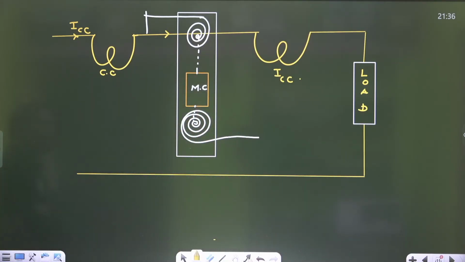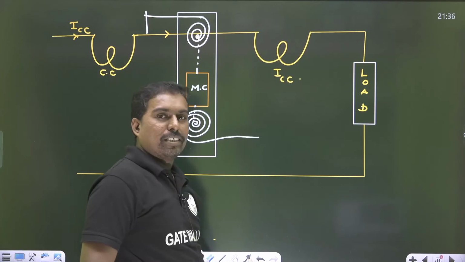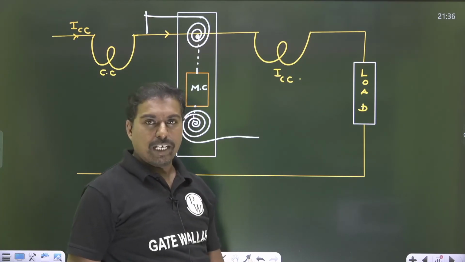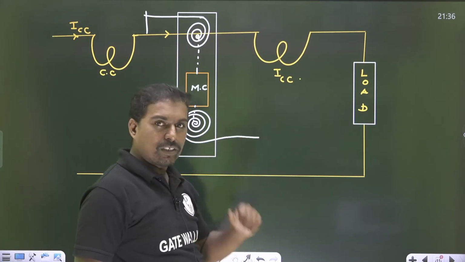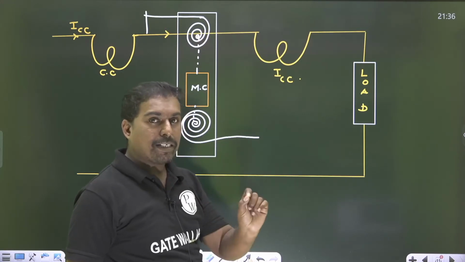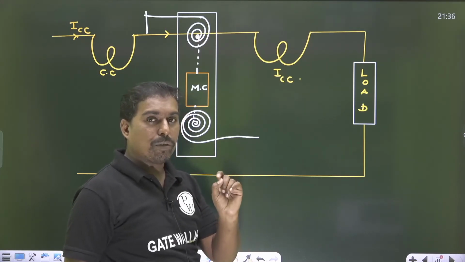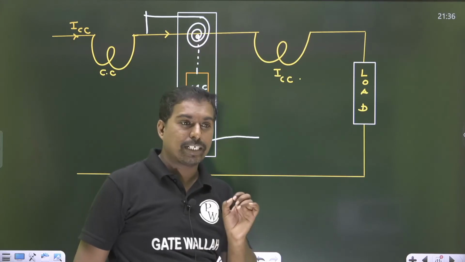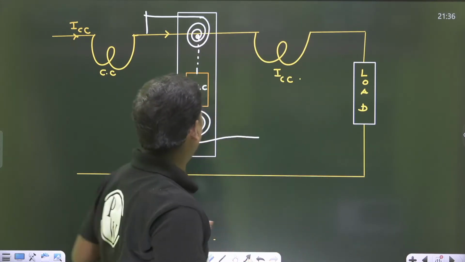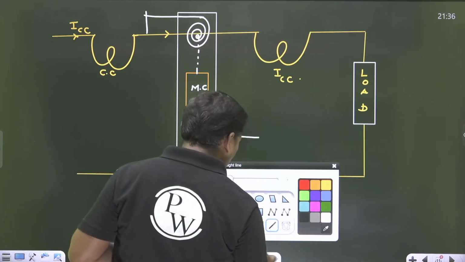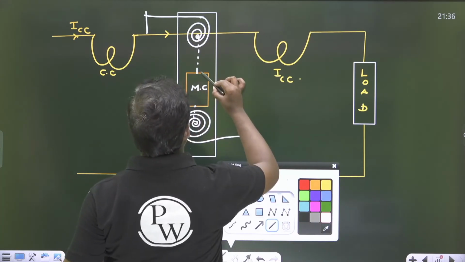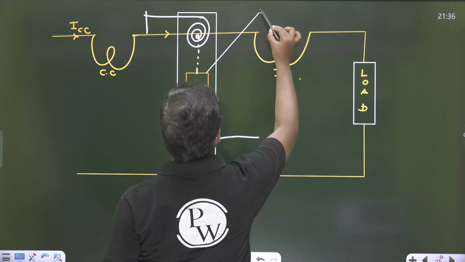But how to get the potential coil voltage? For that, I am going to attach one series resistance in series to the coil. That series resistance is going to be a purely resistive, non-inductive resistance, so that it can develop some voltage.